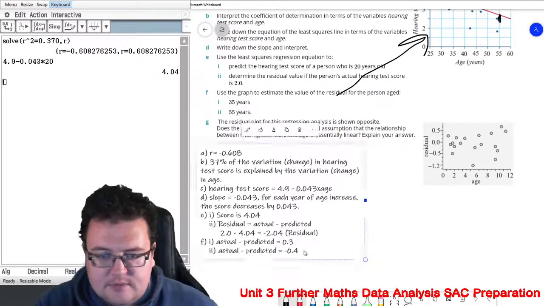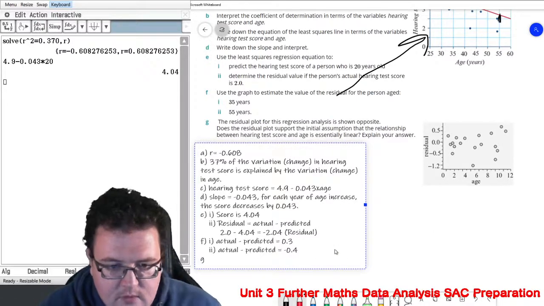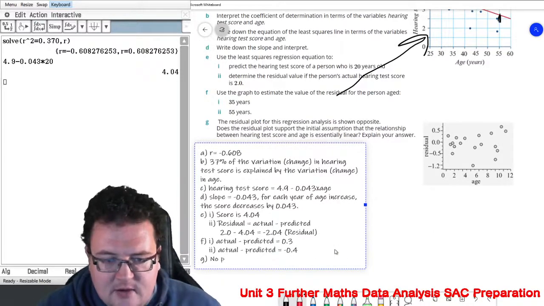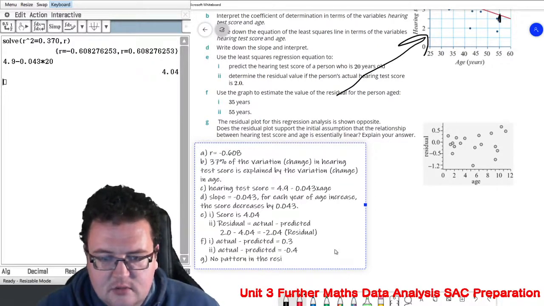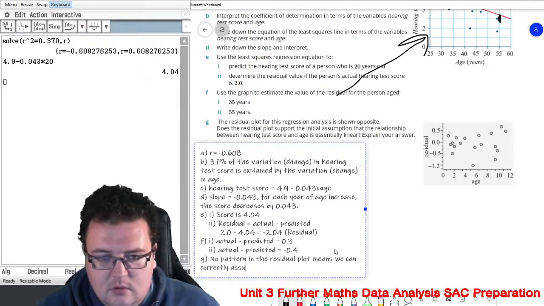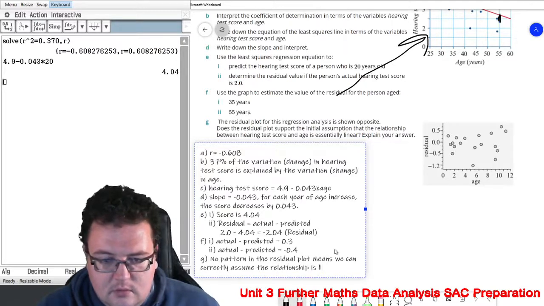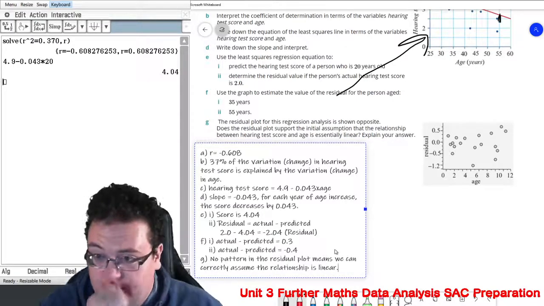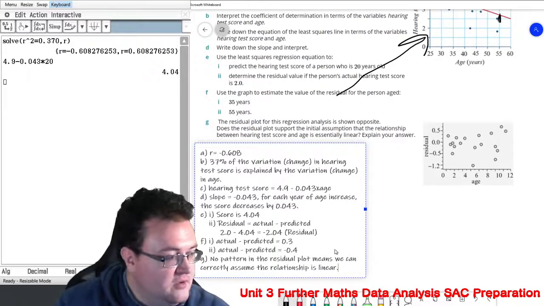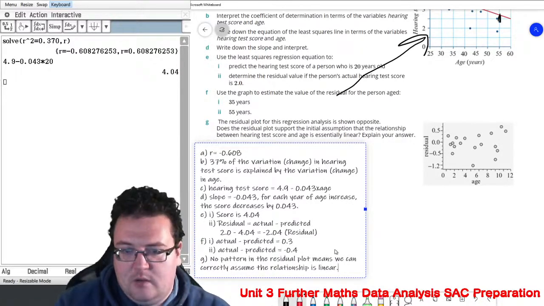All right? No pattern in the residual plot. We can assume the relationship is linear.